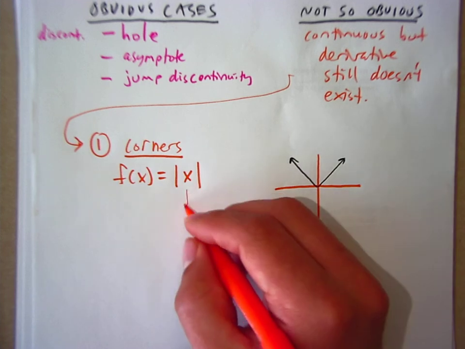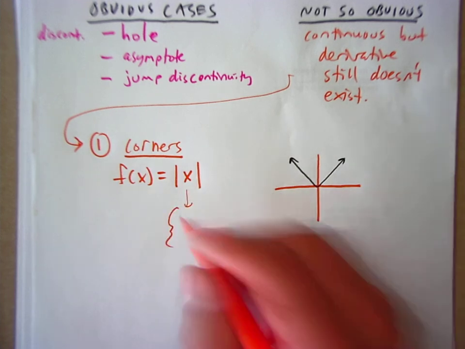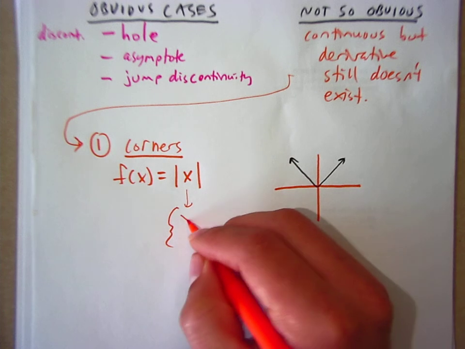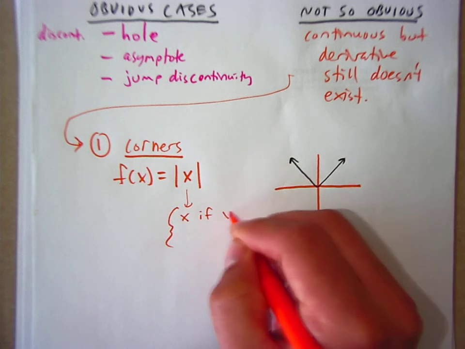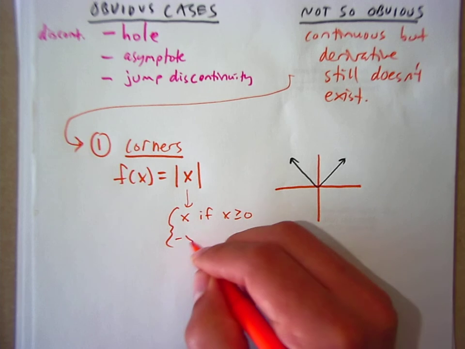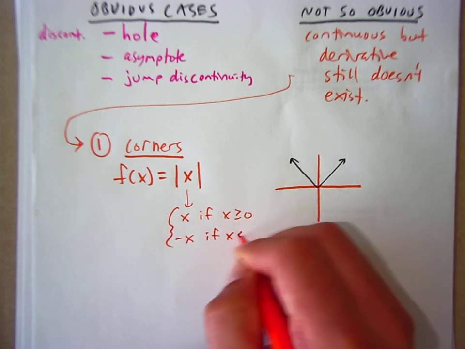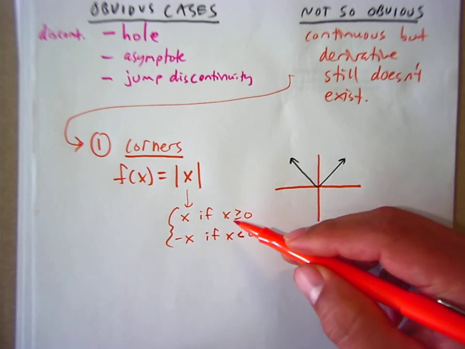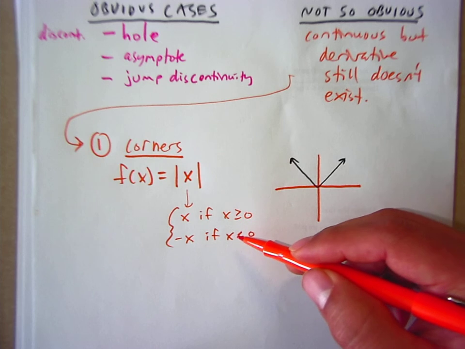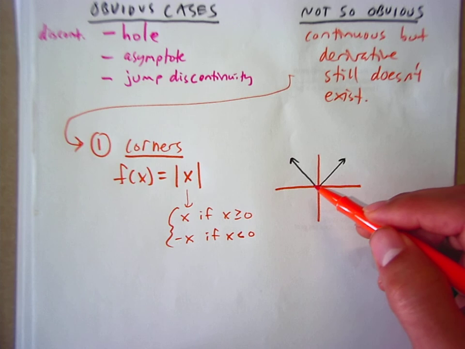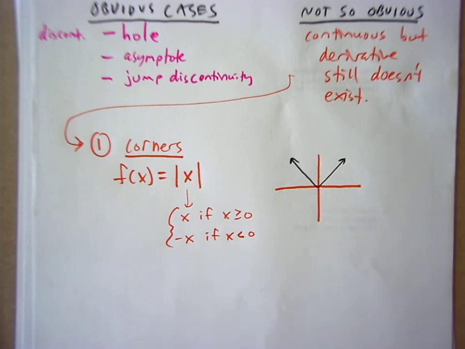What that really means, if we're using the definition, is that we have x if x is greater or equal to 0, and we have negative x if x is less than 0. So basically, anytime we have a piecewise graph, there's a risk that we're going to have an issue like this, where we have a corner or a jump discontinuity or something like that.